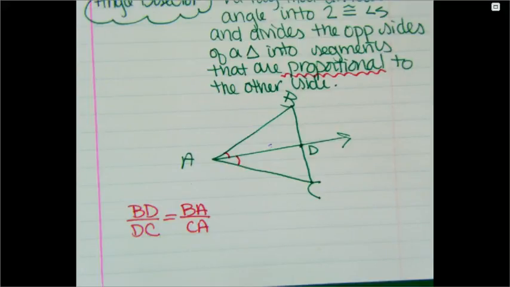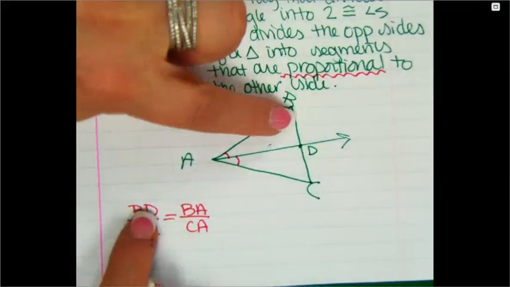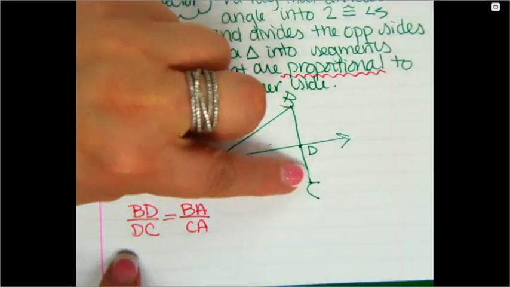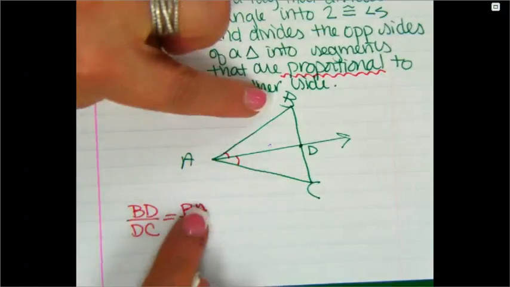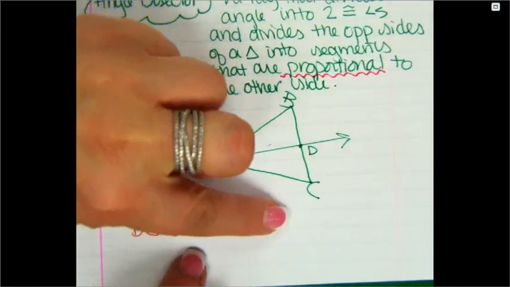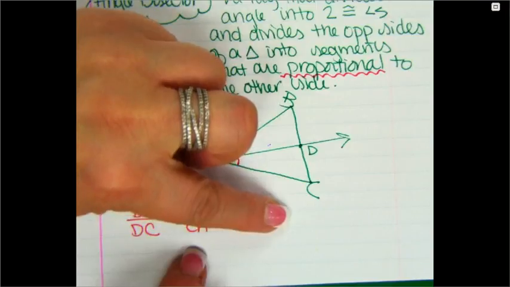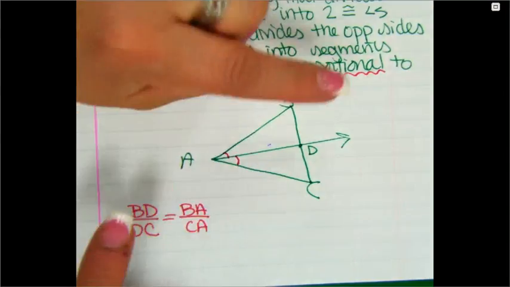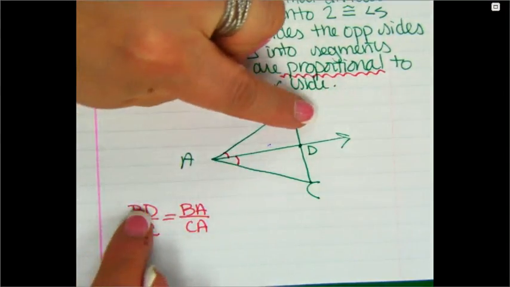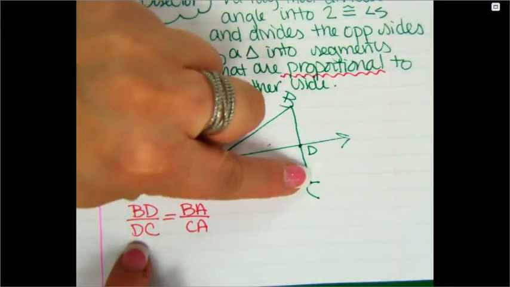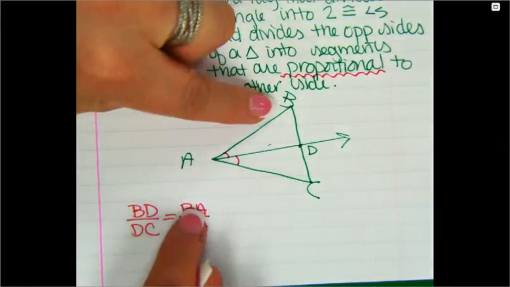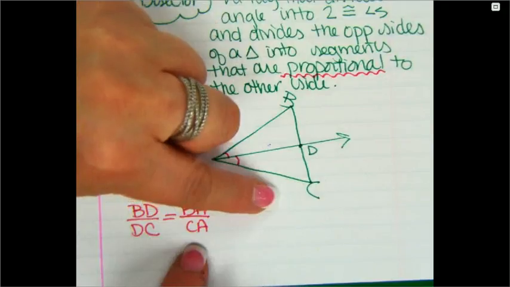Pay attention. Small over the small equals the big over the big. The other thing you need to notice is this: top over the bottom. It's the top triangle over the bottom triangle.